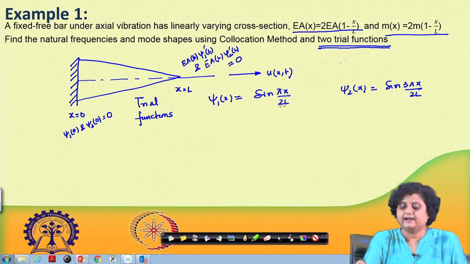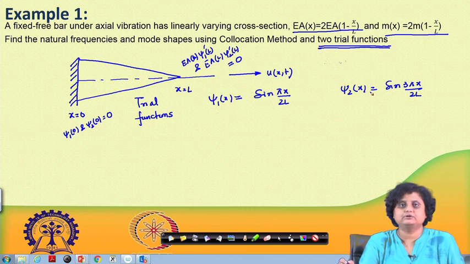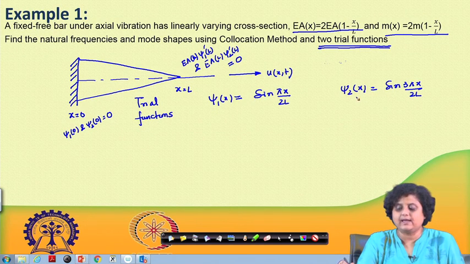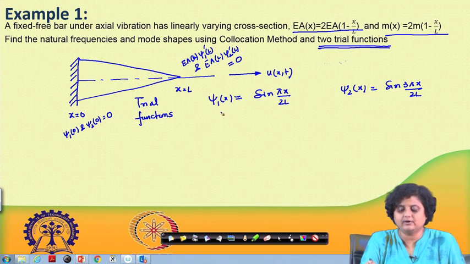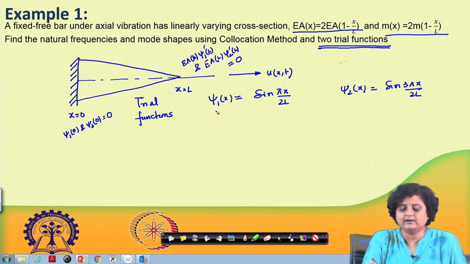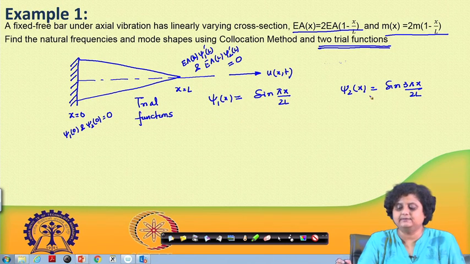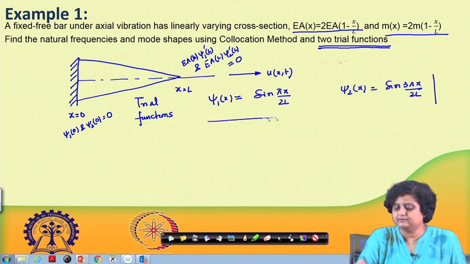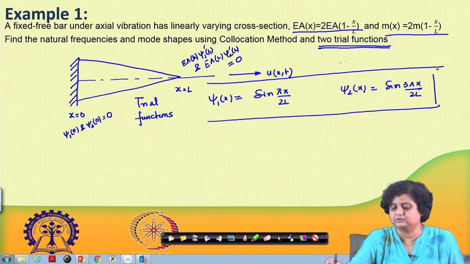We can see that these two trial functions satisfy the boundary conditions, because psi 1 0 is equal to 0 as well as psi 2 0 is equal to 0, and psi 1 dash L is also equal to 0 and psi 2 dash L is equal to 0. Therefore, this satisfies all the boundary conditions.